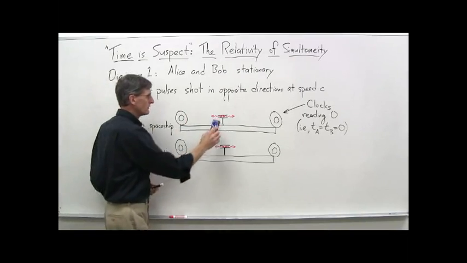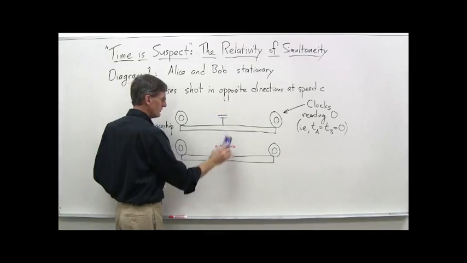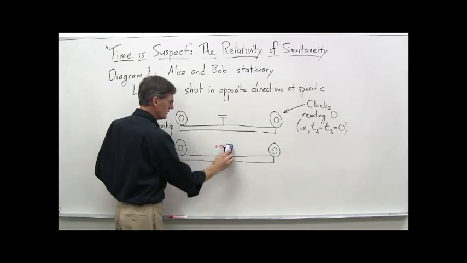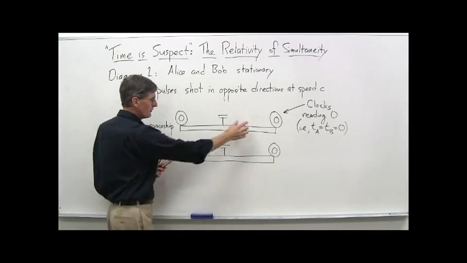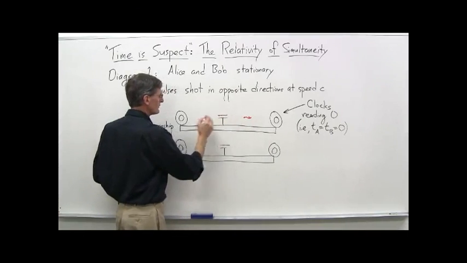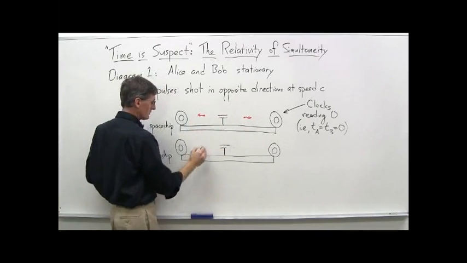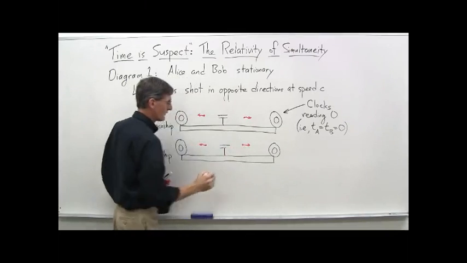Let's imagine then that, carefully erasing our light pulses here because they have now been shot off, we have one about right there going that direction and right here going this direction. And same thing down here for Bob with our light pulses.